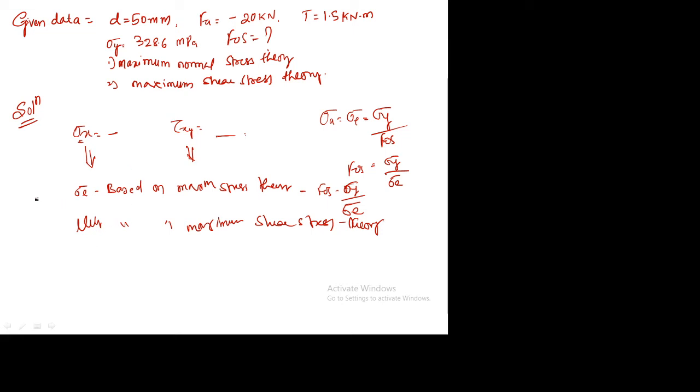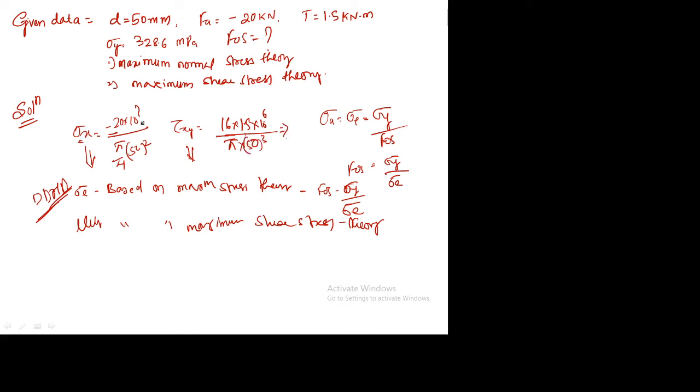Now you refer to the data handbook. In this case it is direct substitution. So sigma x equals minus 20 kilonewton divided by pi by 4 into 50 square. And tau xy is 16 T divided by pi d cube, that is 1.5 into 10 to the power of 6 divided by pi into 50 cube.